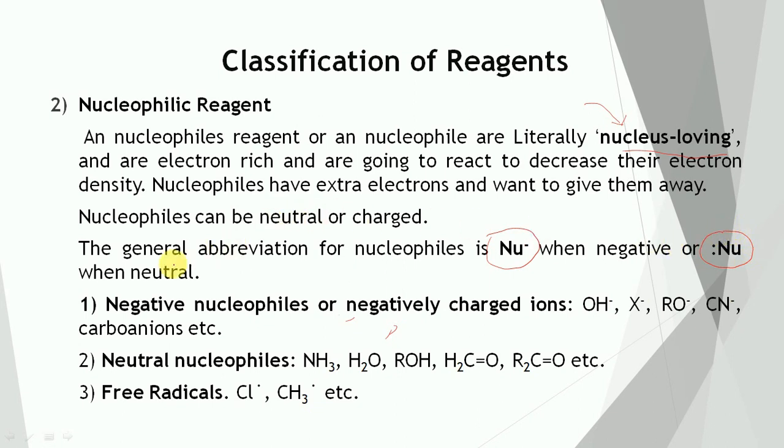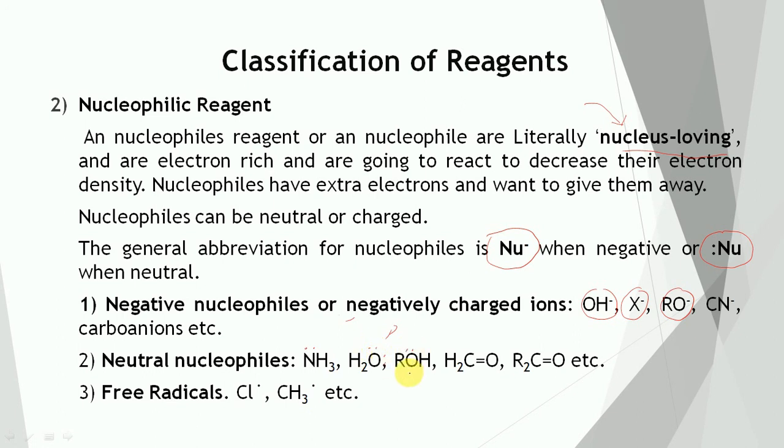In chemical reactions there are three types. The first one, negative nucleophile or negatively charged ion: OH minus ion, halides, H minus, alkoxide, cyanide and carbanions. The second one is neutral nucleophile. Ammonia has a lone pair of electrons. Water, 2 lone pairs of electrons.